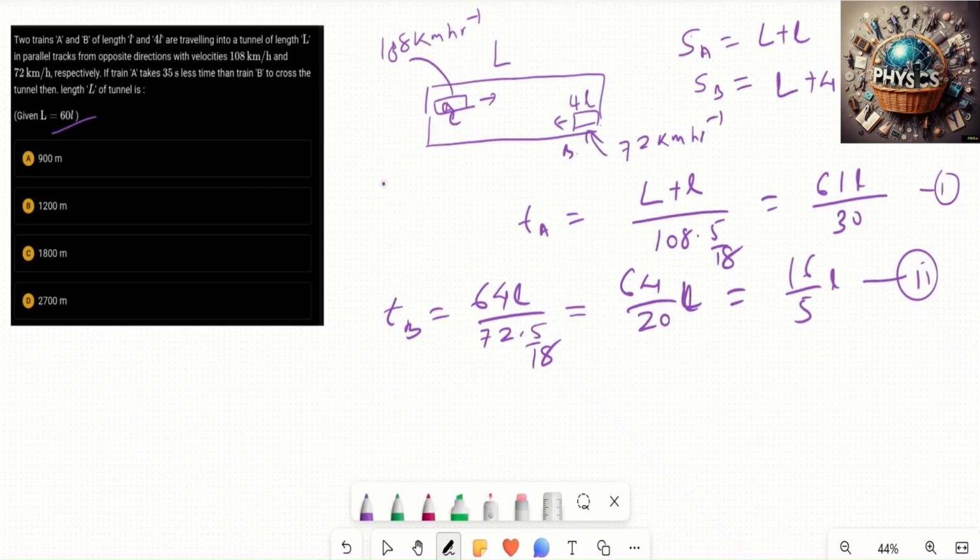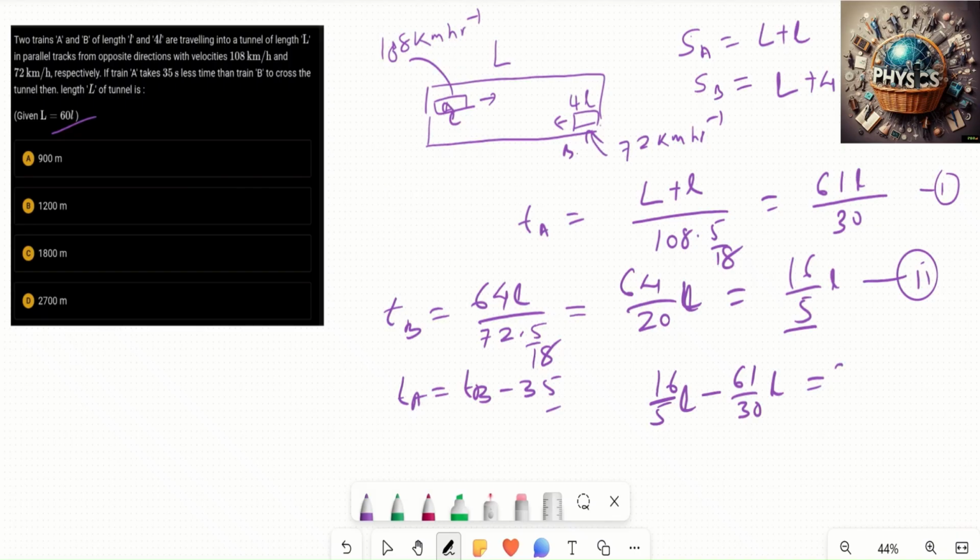And it is told that TA is less than TB by 35 seconds, right? So A takes 35 seconds less. TA is equal to TB minus 35, which means TB minus TA is 16 by 5 l minus 61 by 30 l, equal to 35.